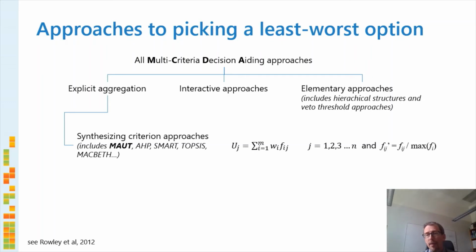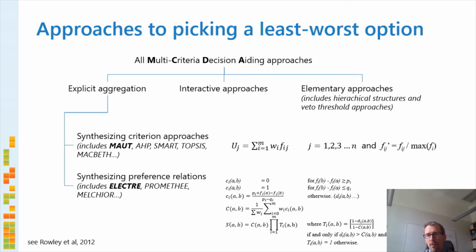The other big family of methods tries to avoid these problems by pairwise comparison of alternatives. If you like, each time alternative A beats alternative B, a flow of preferences is directed towards it, and you add up these preference flows. One of my favourites amongst these is called Electre.